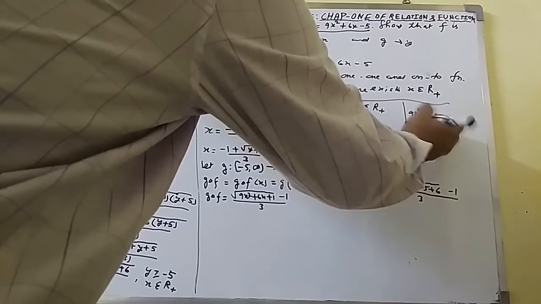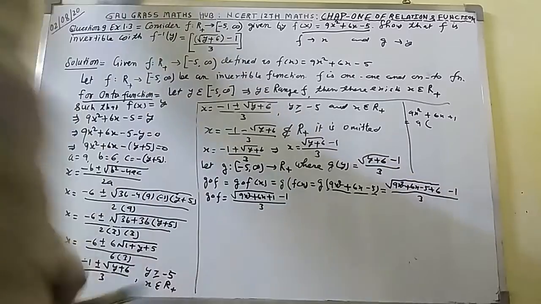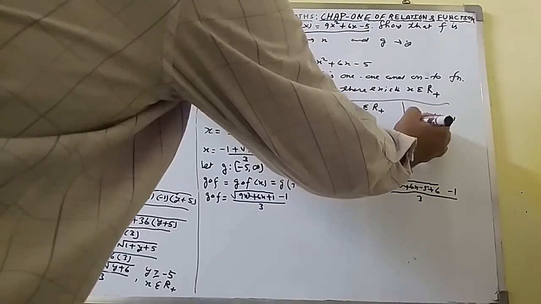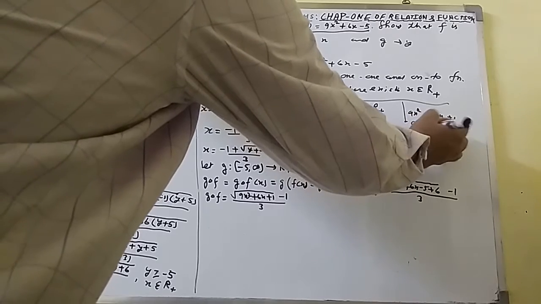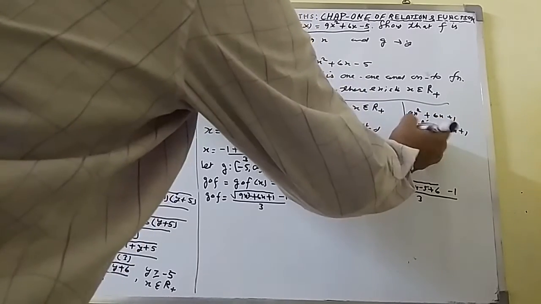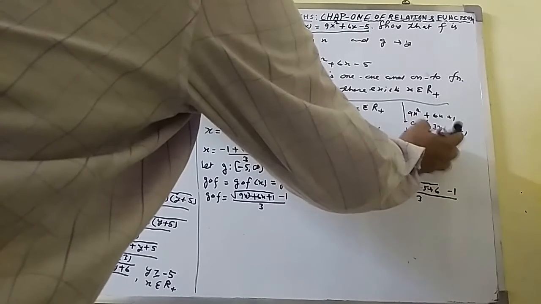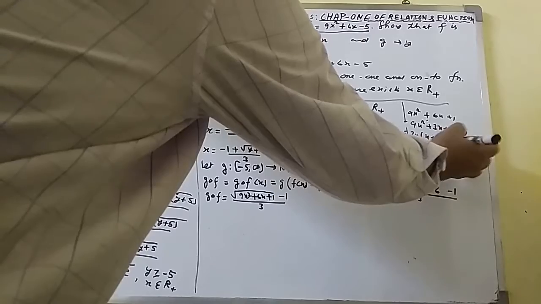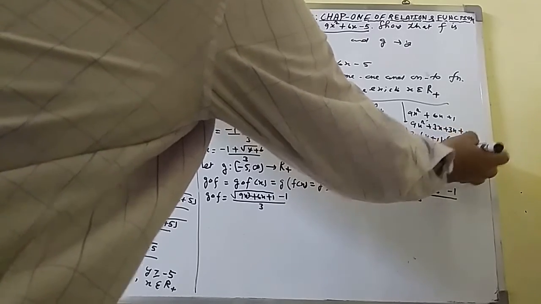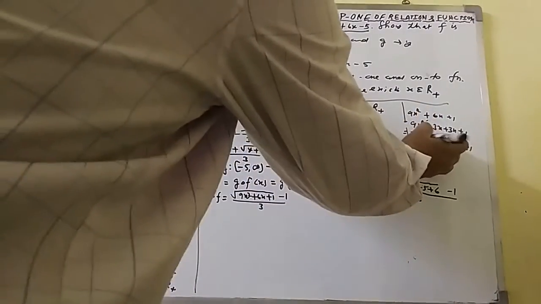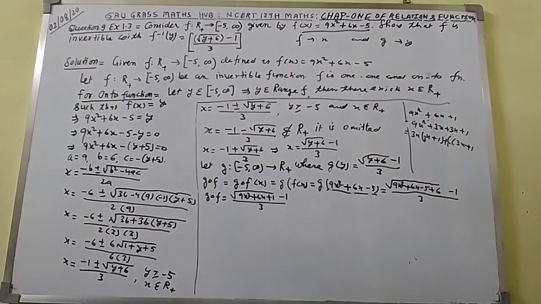This will become 9x square plus 3x plus 3x plus 1. Taking 3x common, you will get 3x(3x plus 1) plus 1, which is (3x plus 1)(3x plus 1).